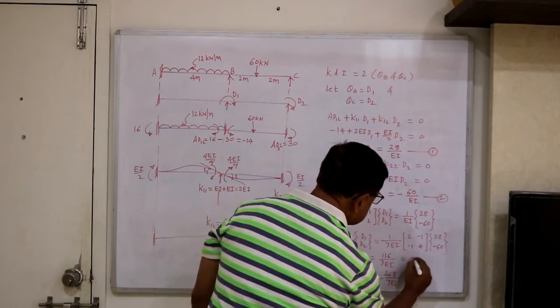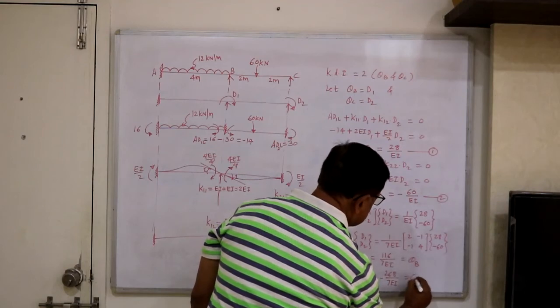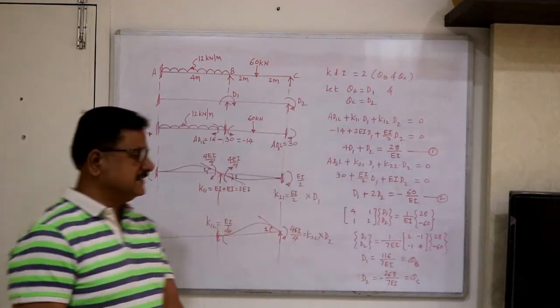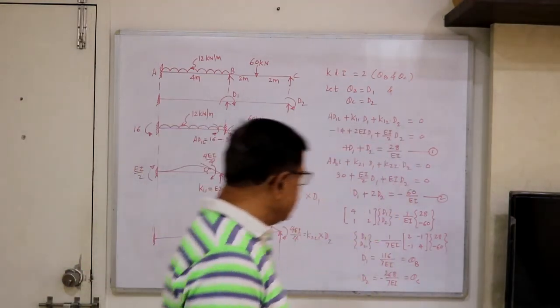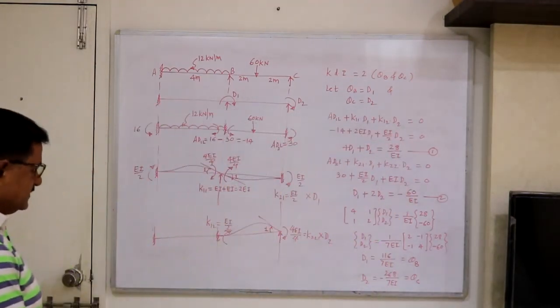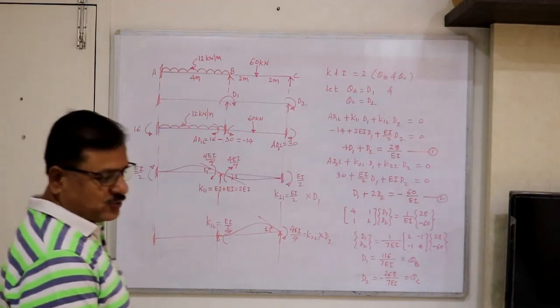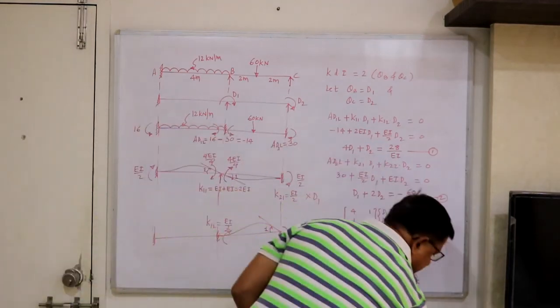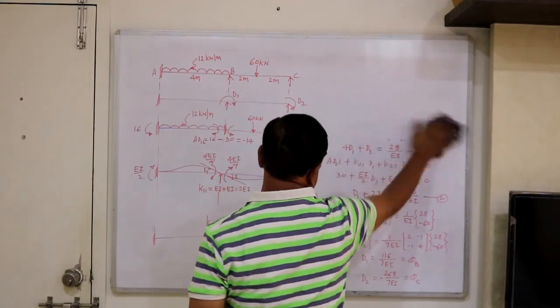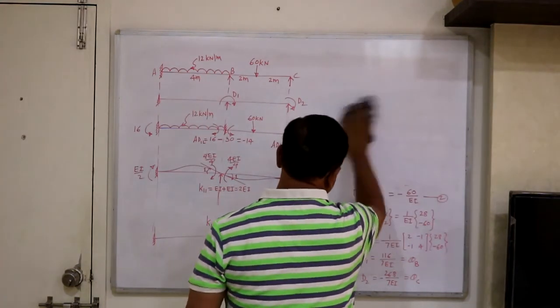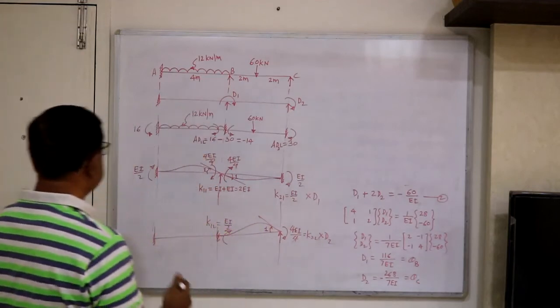So this is nothing but theta B, this is nothing but theta C. So we have calculated theta B and theta C. Next, just apply the slope deflection equations and find out the end moments. Instead of that, how easily from the diagram itself we can calculate this, look here.